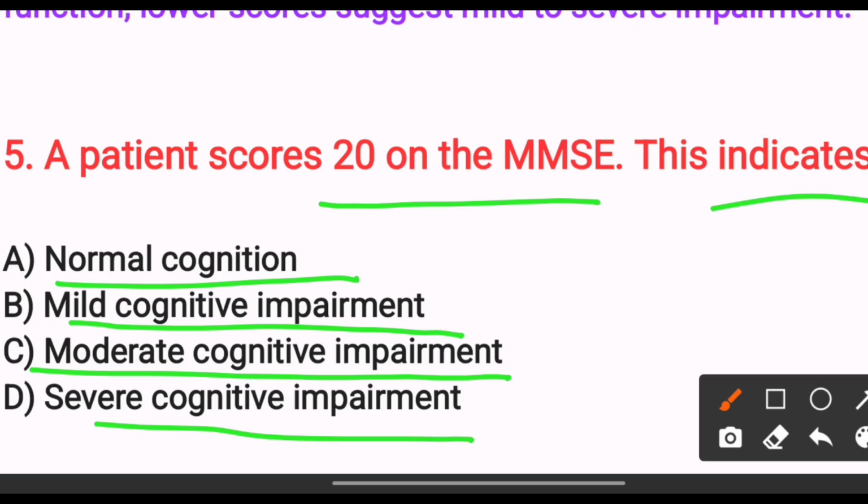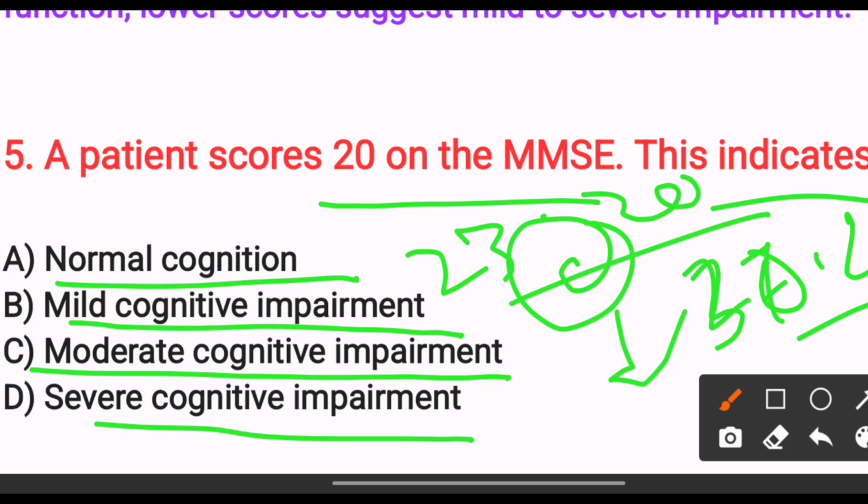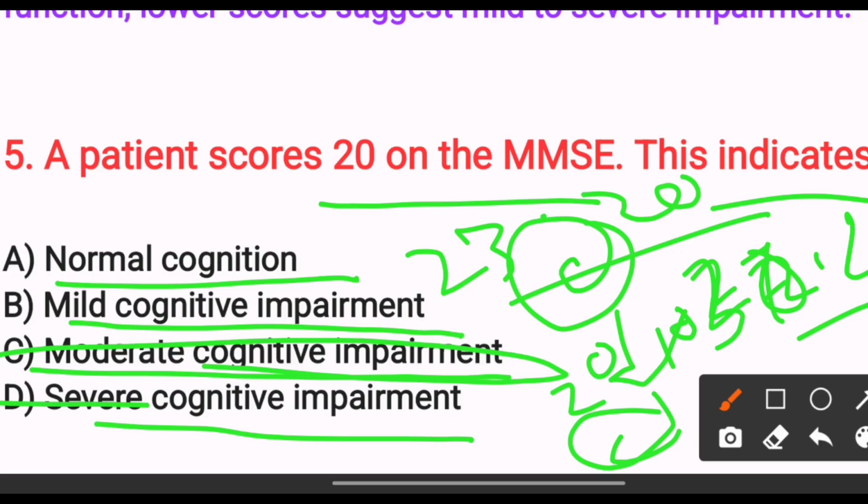The answer is option C. 27 to 30 is the normal score. As it decreases step by step, 21 to 23 is mild, and 10 to 20 is known as moderate cognitive impairment. So option C is the correct answer.